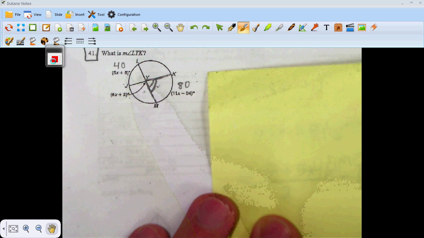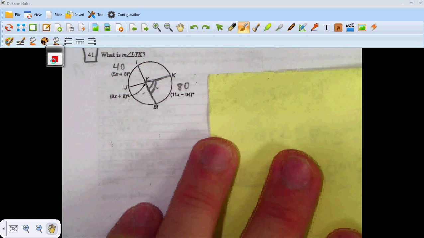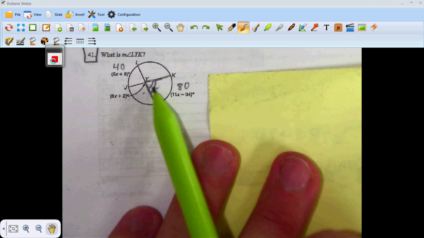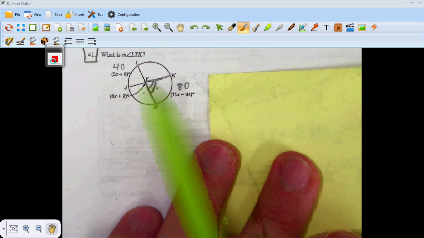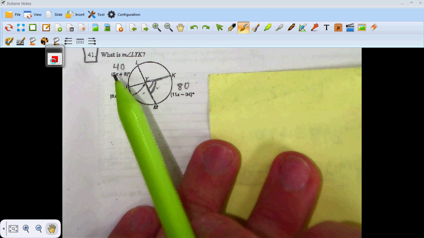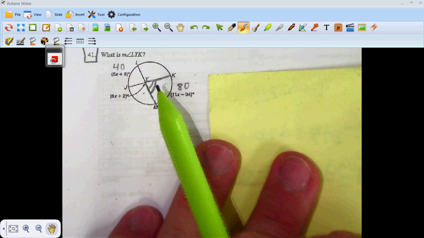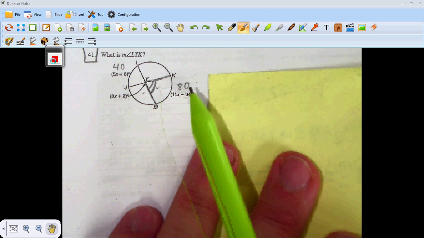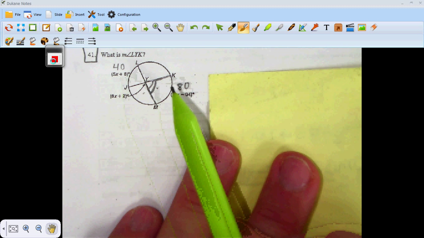So, let's see how we would find this angle right here. I would take 80 plus 40 and divide by 2. And I would get this angle, and that would be 60, correct? Yeah, if I took 80 and 40, I divide it by 2 and I get 60.